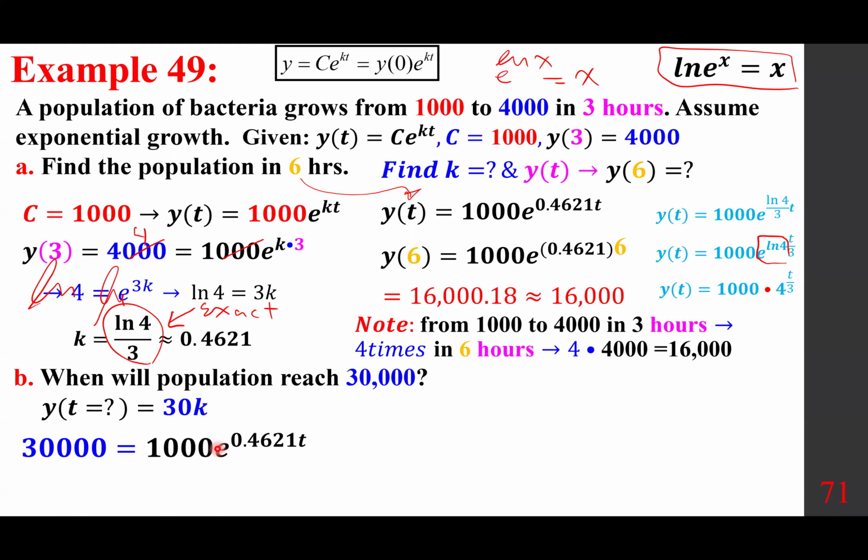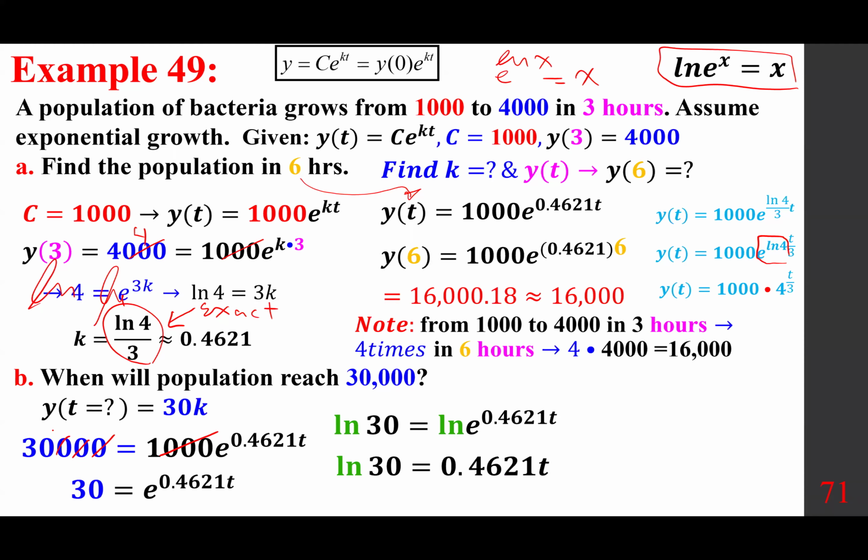So the right side becomes just the exponent, 0.4621t, and t, therefore, is the left side, ln 30 divided by 0.4621. And if you put it into a calculator with a bunch of decimals, you get t equals 7.3603, and of course, you put as many decimals as they ask you.